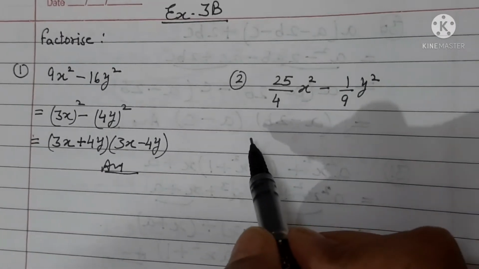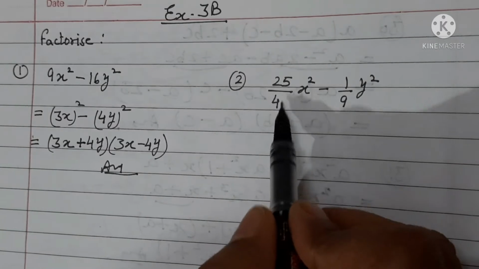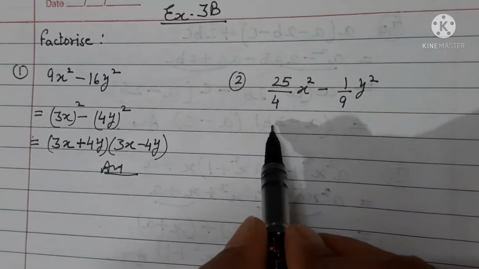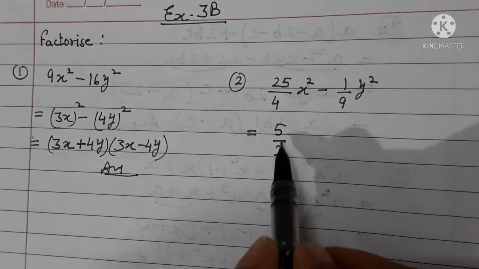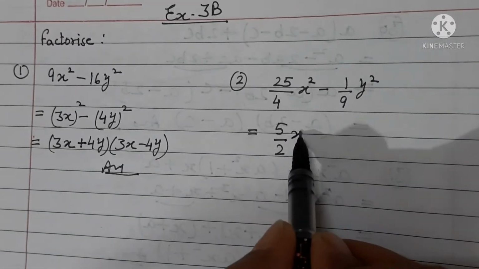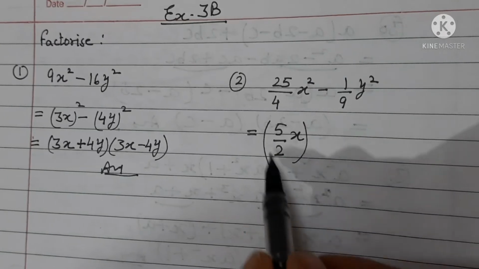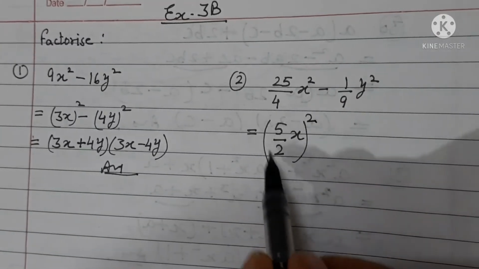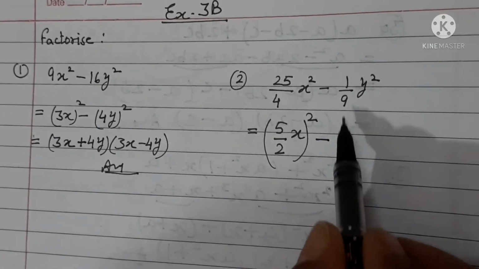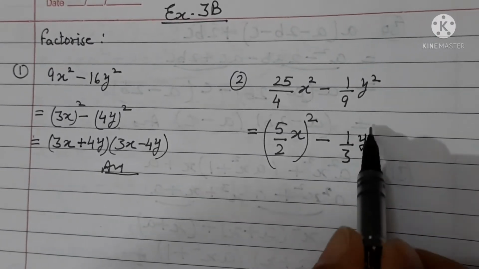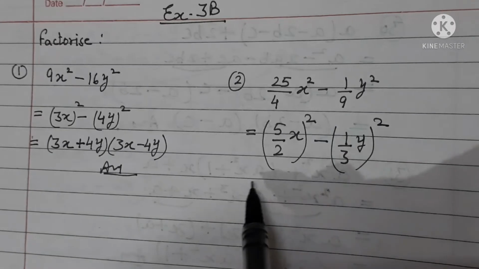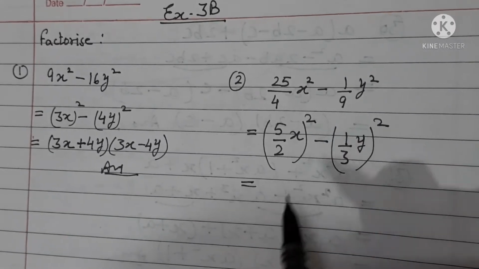Similarly, you can solve question number 2. 25 upon 4, you can write it as (5 upon 2) whole square. So put x in the bracket also, so this is completely square, minus you can write it (1 upon 3 y) whole square. Now this is the form of a square minus b square.